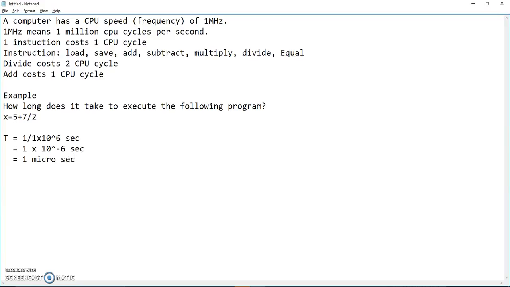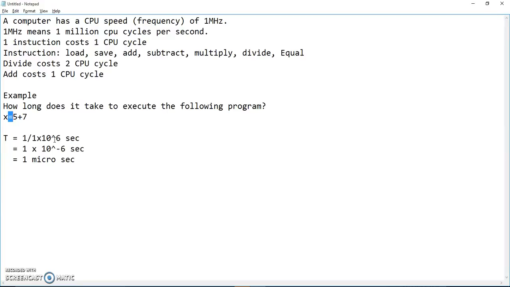Now, how many instructions? If the question is very simple, if the question doesn't have divide by 2, then this is one instruction, this is the second instruction, correct?